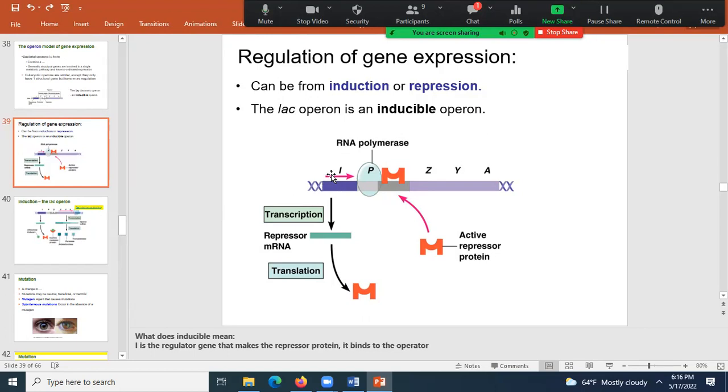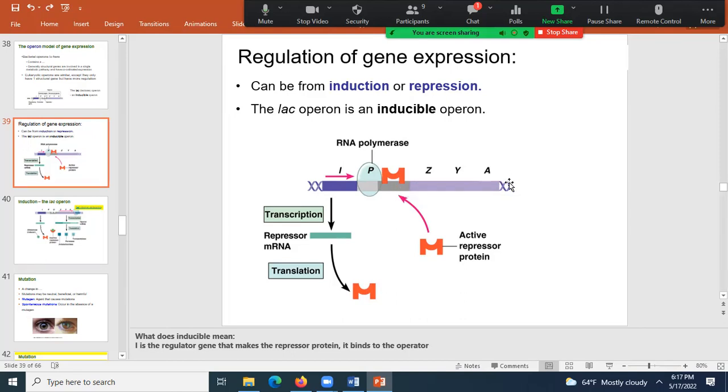The I gene makes a repressor messenger RNA, which will be translated into the repressor protein. The repressor protein binds to the operator. And when it binds to the operator, the RNA polymerase, when it moves down the DNA, stops at the repressor protein and can't go any further.